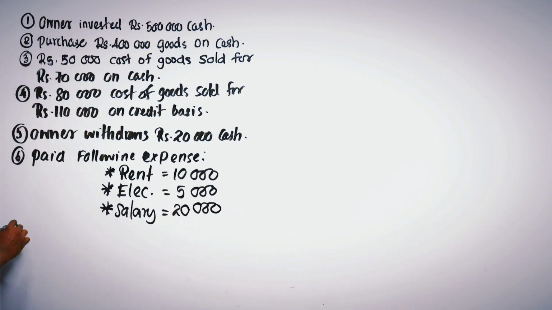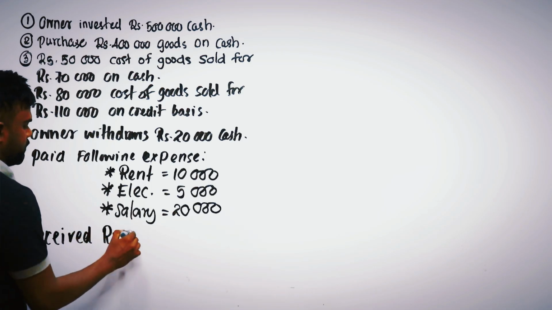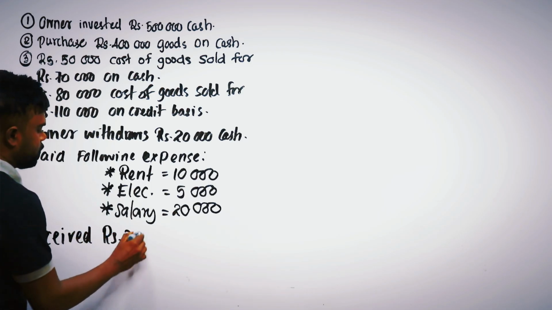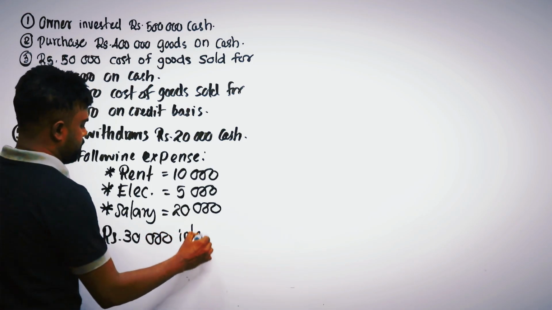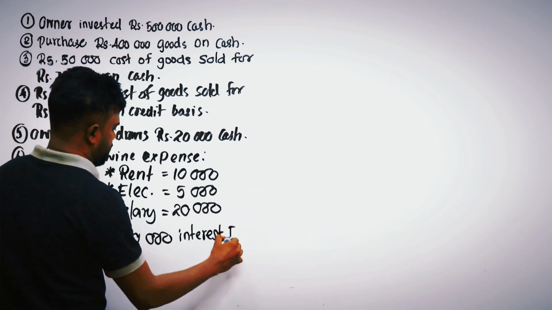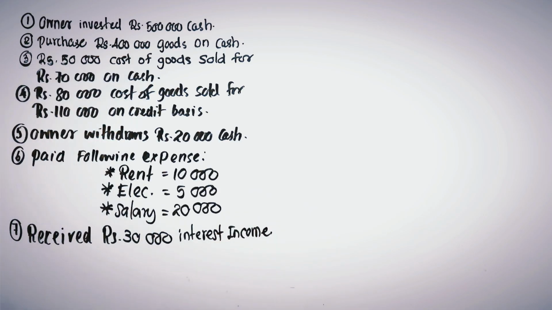And number 7, received 30,000 interest income. Right, simple transactions.